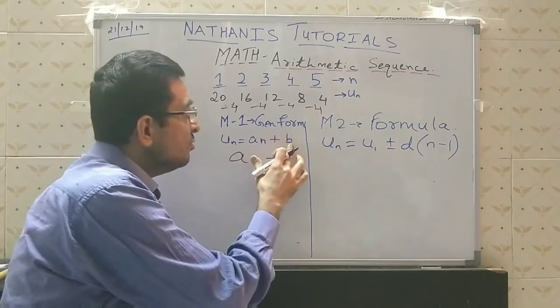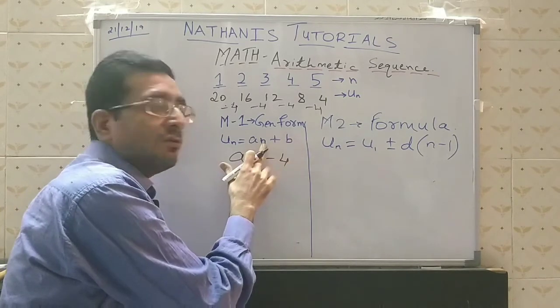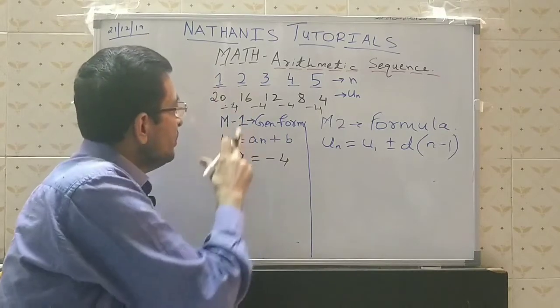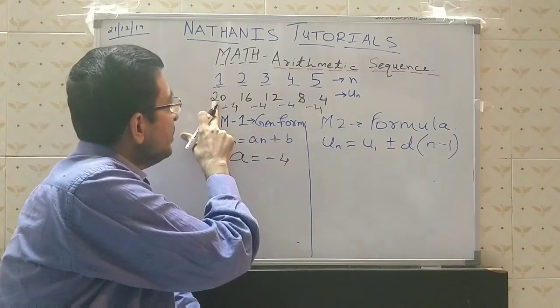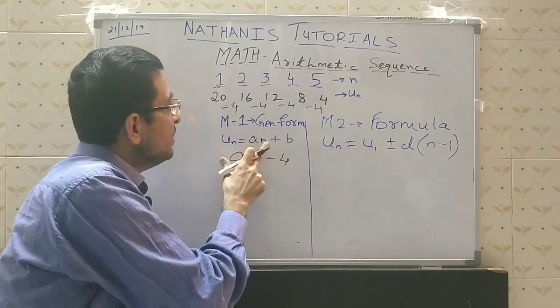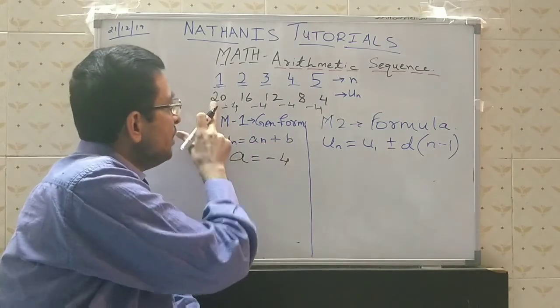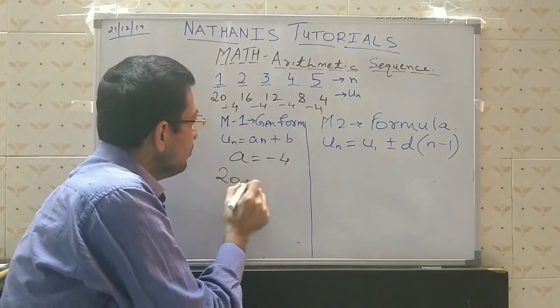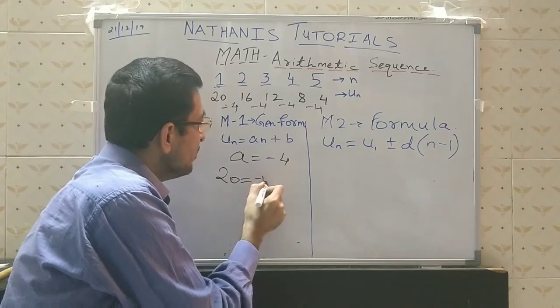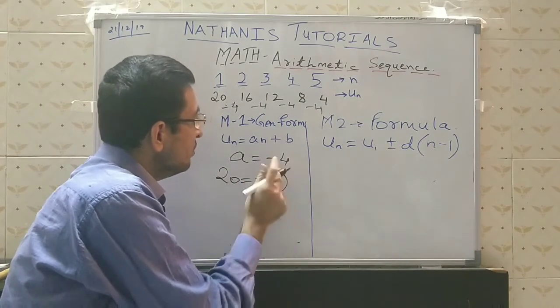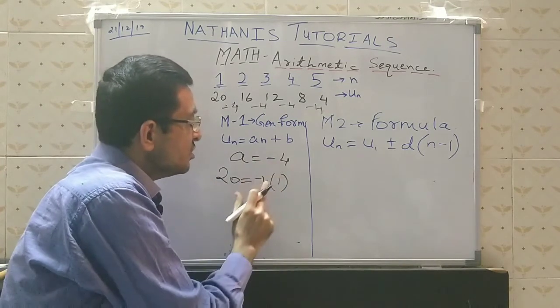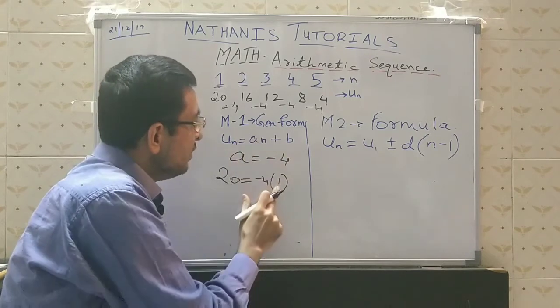To find the value of b, I will substitute the value of n as 1 and un as 20. Because when n is 1, the first term is 20. Therefore, 20 is equal to minus 4 into 1. The value of a is minus 4 and the value of n is 1.